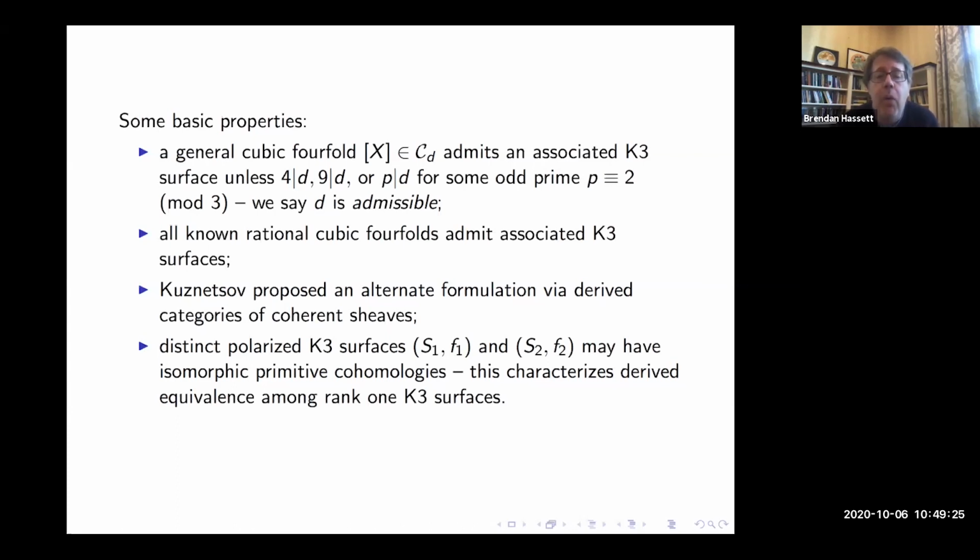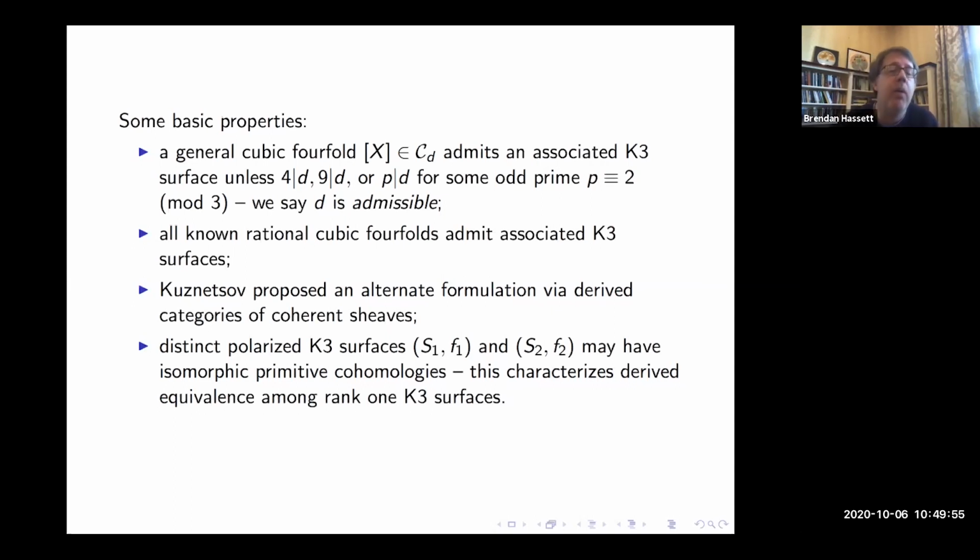And so the last thing I want to emphasize is that two polarized K3 surfaces may have the same primitive cohomology considered as a Hodge structure, not taking into account the embedding data of how that primitive cohomology sits inside the full cohomology lattice. So this reflects the fact that you could apply automorphisms that are not compatible with the extension data that come from the discriminant quadratic form.